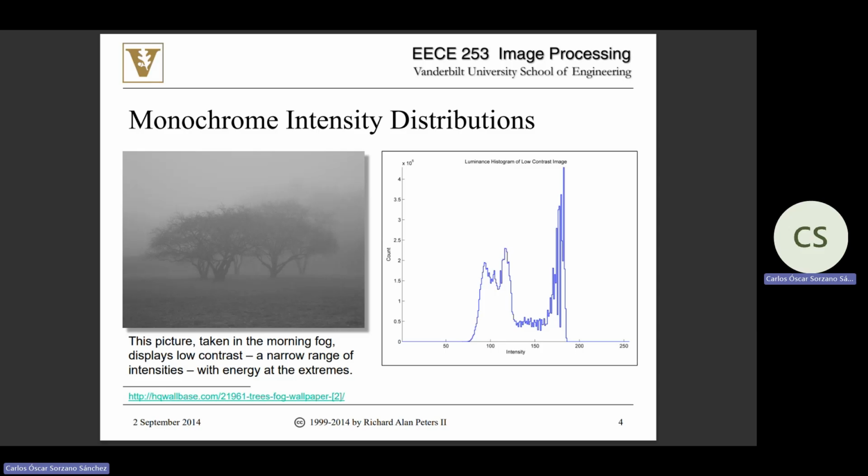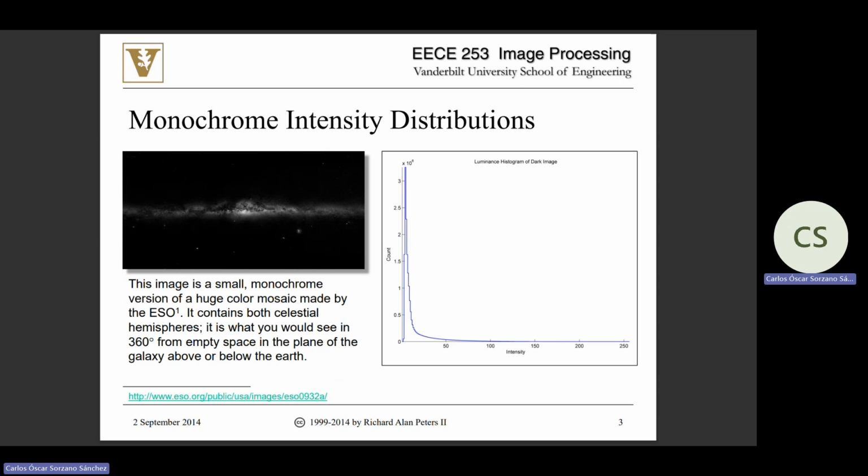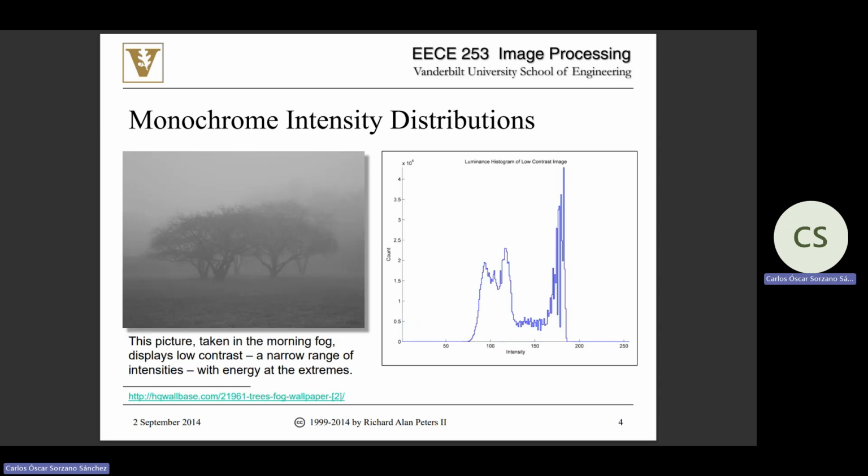Now we have two bumps in the histogram. Before we only had one, because most of it was dark. But now this tells us that here we have two different kinds of regions. One that is darker and another one that is brighter. So actually the darker one is this, the soil and the trees, and the brighter one is the sky.